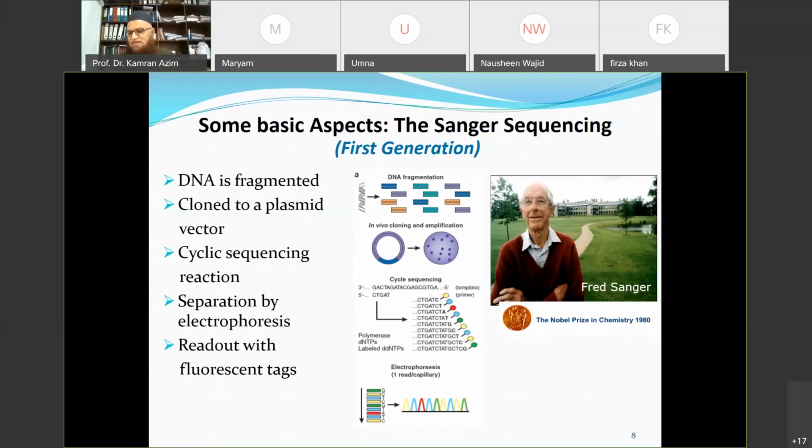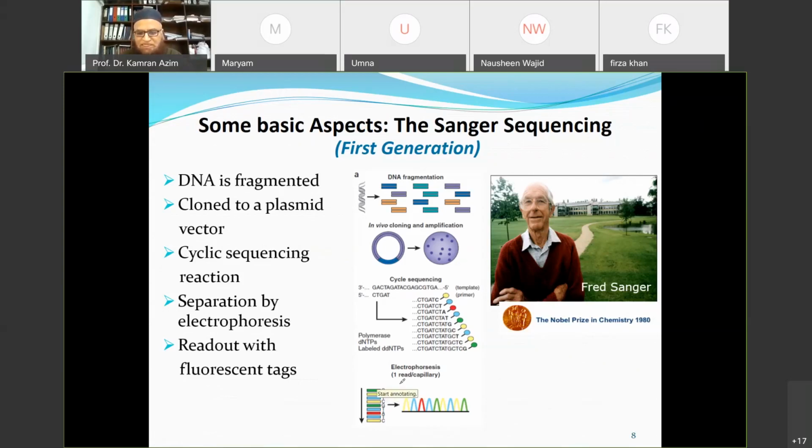Each fragment of the DNA is separated as a result of cycle sequencing and electrophoresis, and this separation of the DNA molecules is read out using fluorescent tags, which gives us the electropherogram, which is something like this.